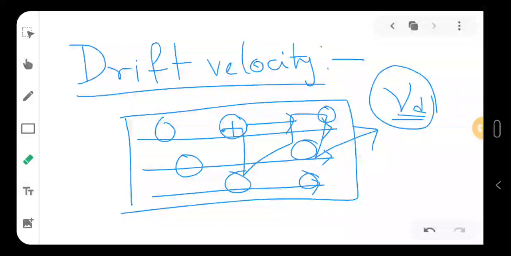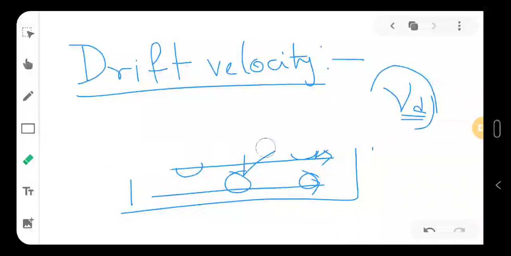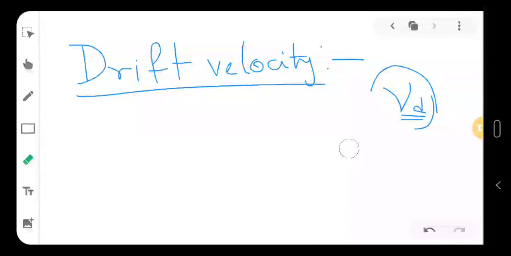So what is drift velocity? Drift velocity is the average velocity of an electron under the influence of an electric field.